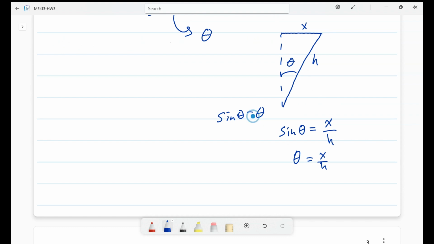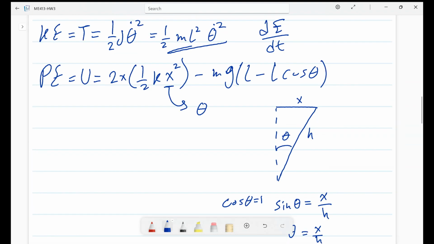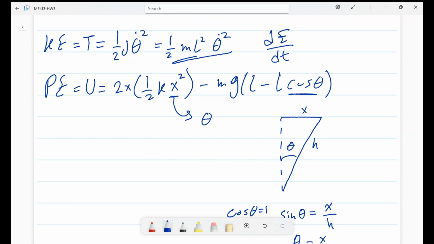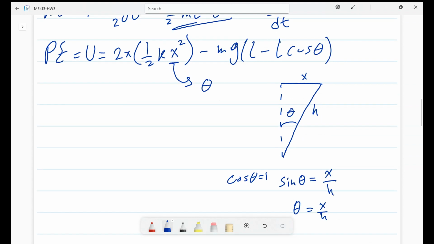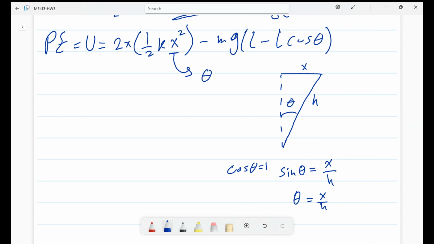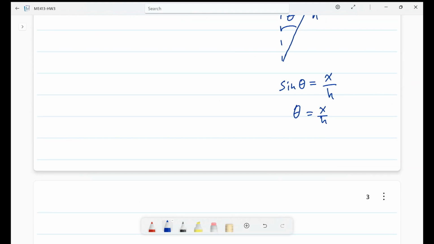Also for cosine theta, for small angle it will be 1, but I will not do that here, because if I did it, it will be L minus L, which will make this term go to 0, and we don't want that. So I will convert my cosine function later.